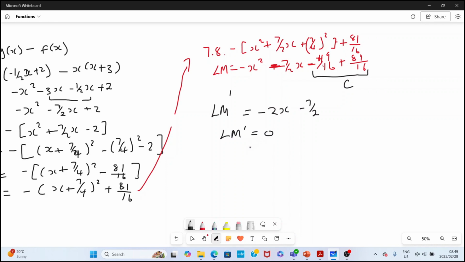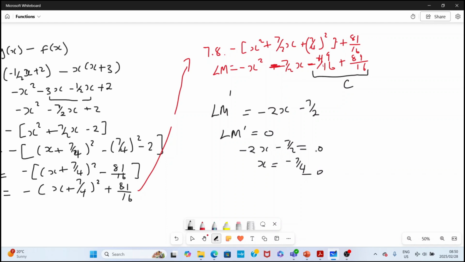So the x value will therefore be what? It will be minus 2x minus 7 over 2 equal to 0. Then this will give us x is equal to minus 7 over 4. This is the x value at which the maximum will occur.